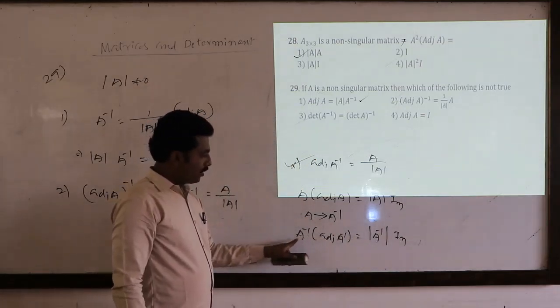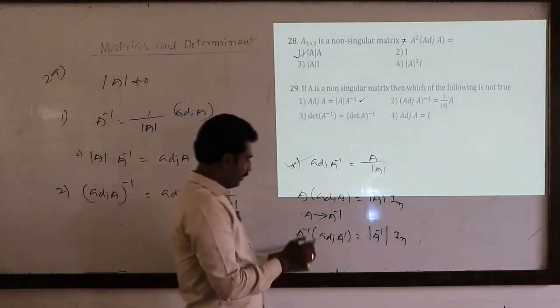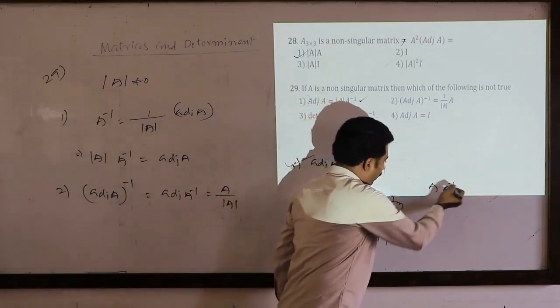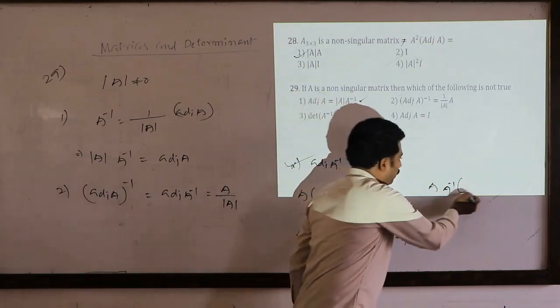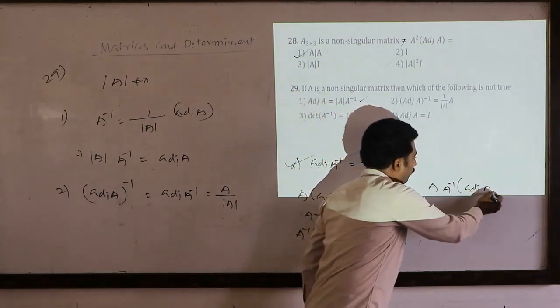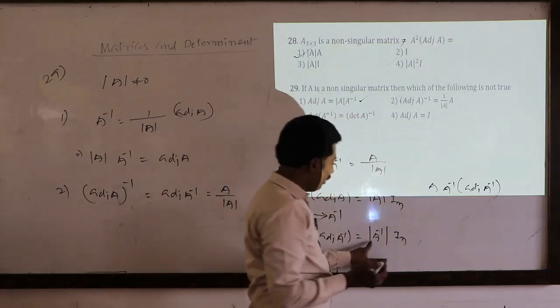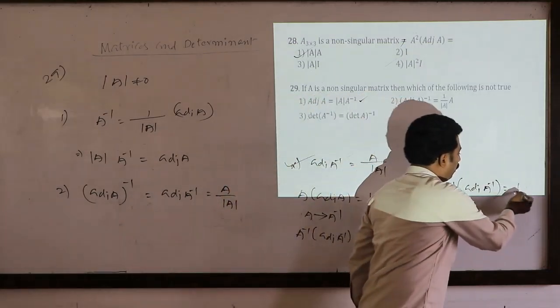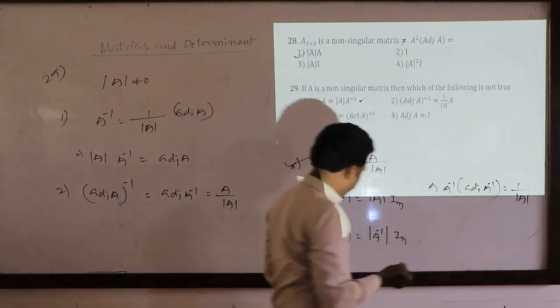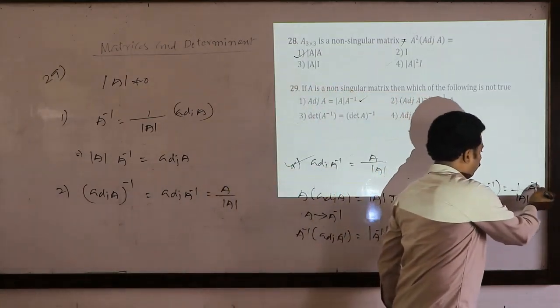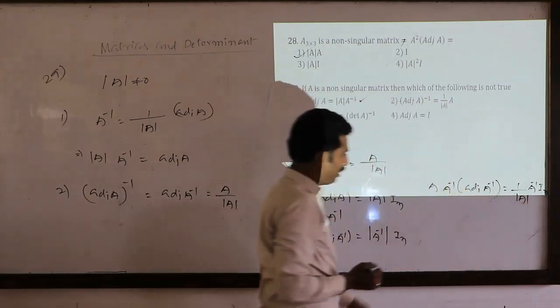Now operate with A on both sides. Operating with A means A inverse into adjoint of A equals operating with A inverse. So determinant of A inverse means 1 by determinant of A. Operating with A inverse means A inverse into identity matrix.